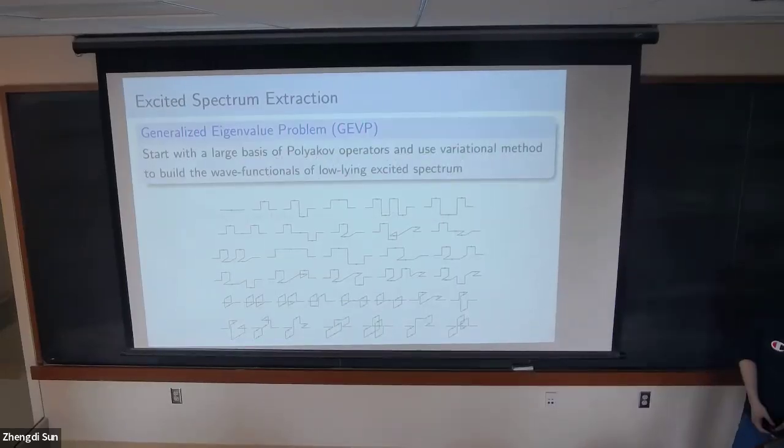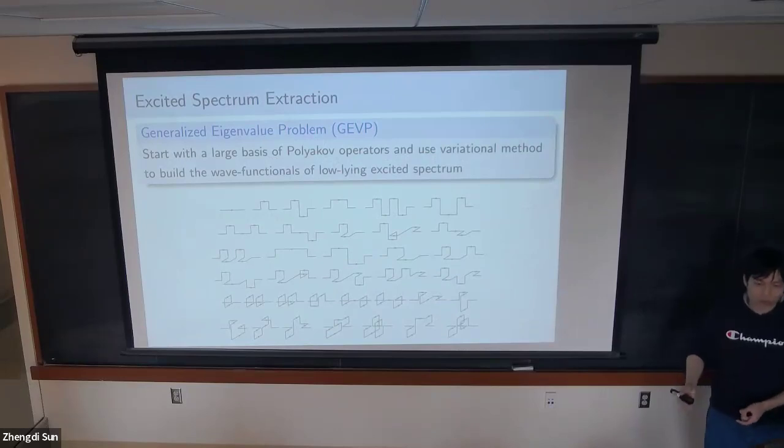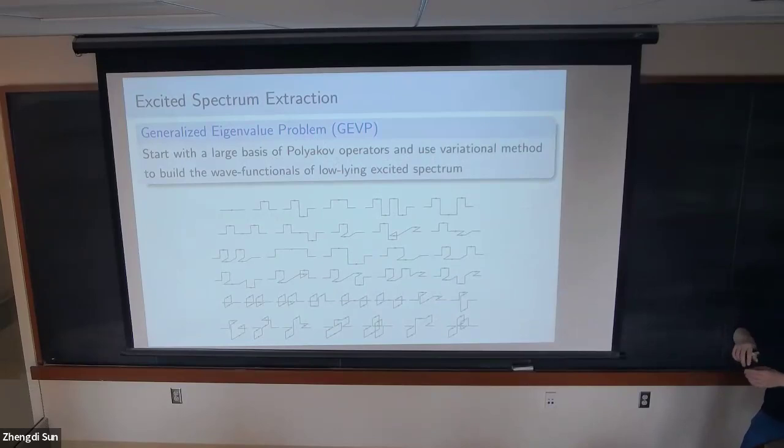The formalism we use to extract the excited spectrum is called the generalized eigenvalue problem. To summarize, we start with a large basis of operators. Here we use Polyakov operators, which wind around the one spatial circle, and we try to include as many Polyakov operators as possible.